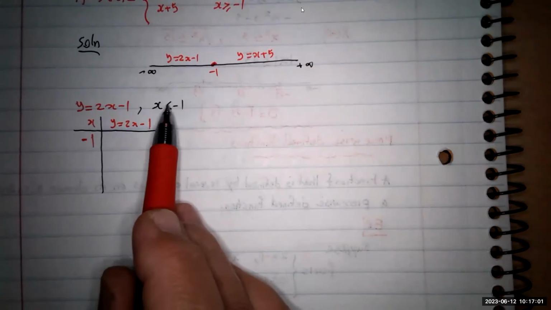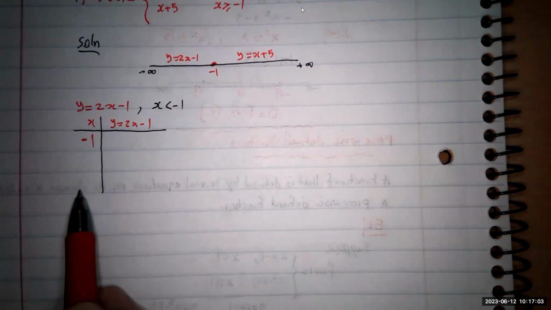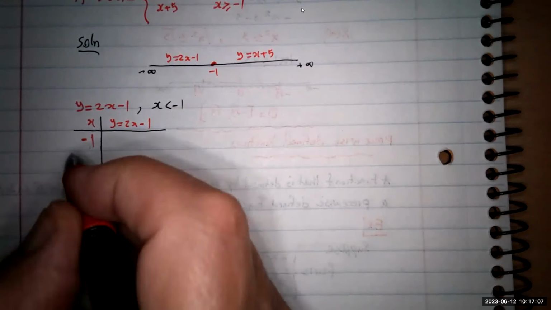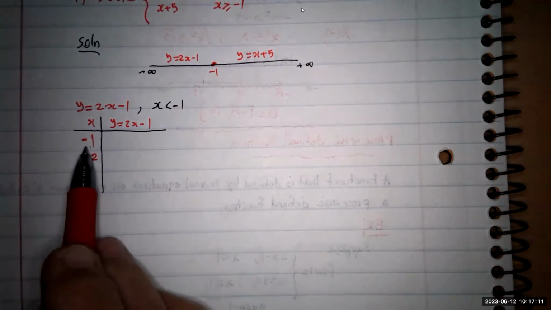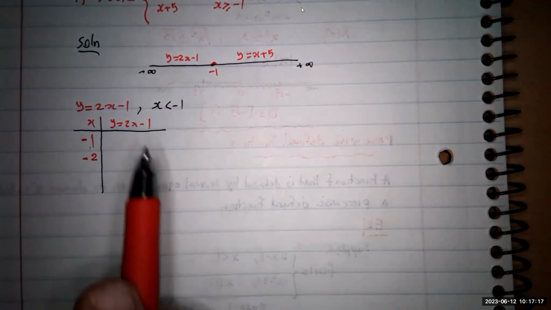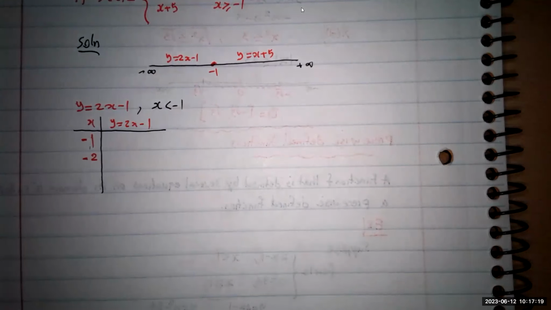We always start with -1 and go down, something less than -1, like -2, -3, etc. But you must start with -1 because of the limits. You have to make sure you're not going to go over it. Okay, -1 done. You go back and substitute.